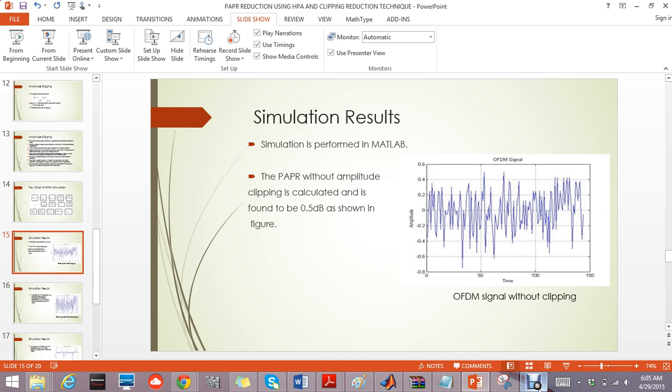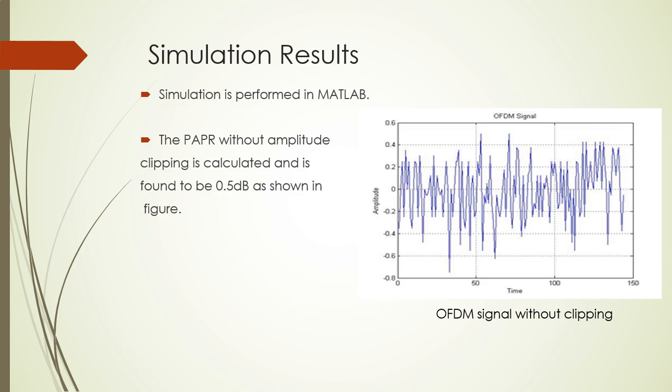Coming to the simulation results, the simulation is performed in MATLAB, and the first case is that we calculate the PAPR without amplitude clipping. From the graph we can see that the PAPR value is found to be 0.5 dB. If you look at the graph closely, the highest value of the amplitude is the PAPR value.